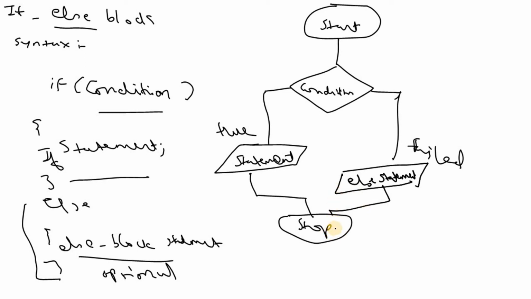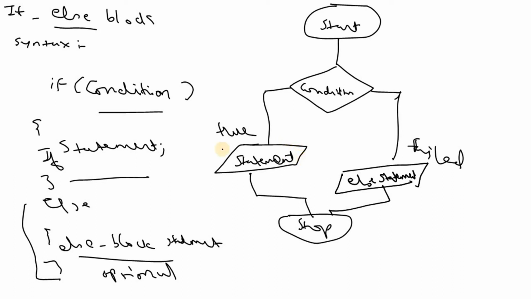So here there are two block statements, one for the true condition, the if block will execute, and on the false condition the else block will execute. So this is the syntax as well as the flow of if else block.